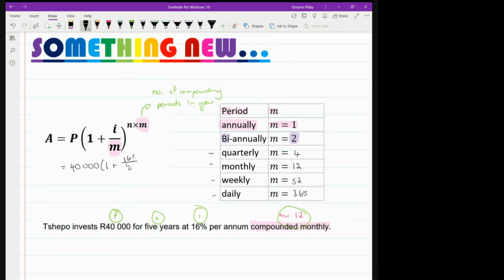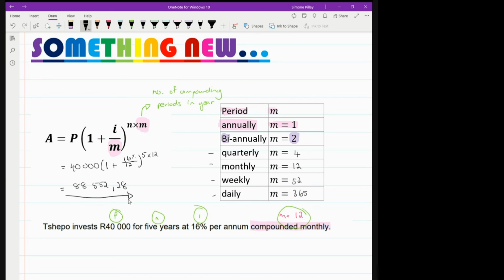My M is going to be 12. N is going to be 5. And M is again 12. Put it all into your calculator, and we get 88,552 Rand and 28 cents.